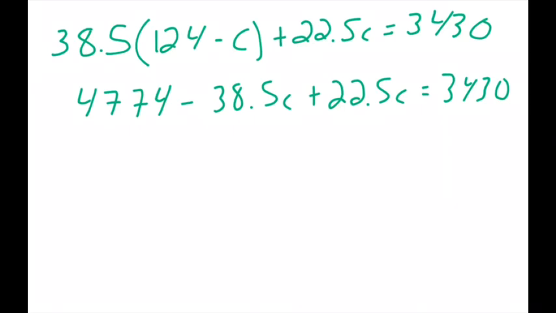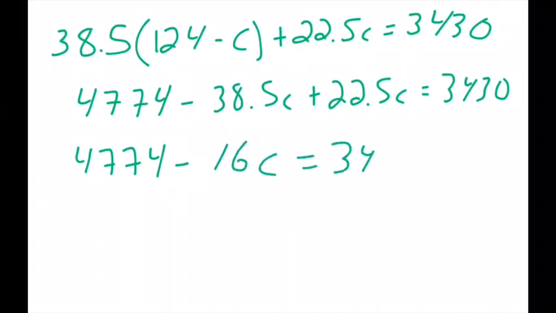Now we need to combine like terms, so we're going to go ahead and do negative 38.5c plus 22.5c. That gives us 4,774 minus 16c equals 3430. We're going to go ahead and subtract 4774 from both sides.